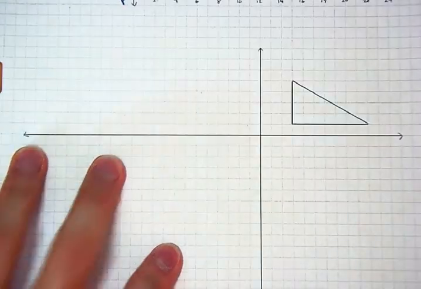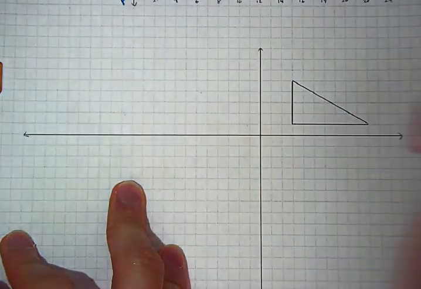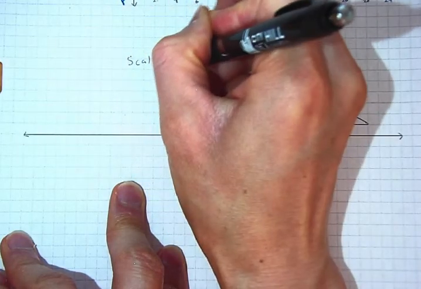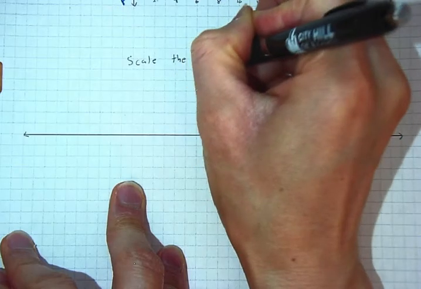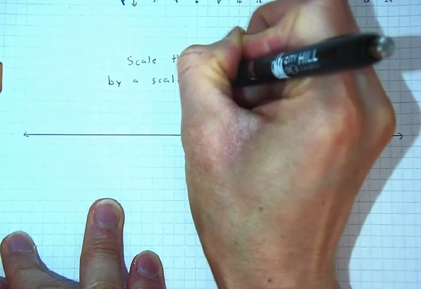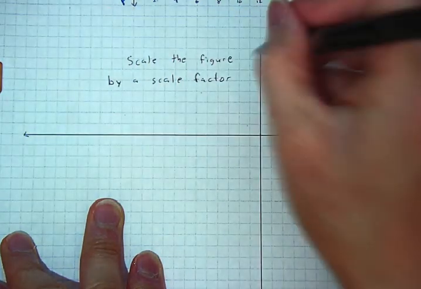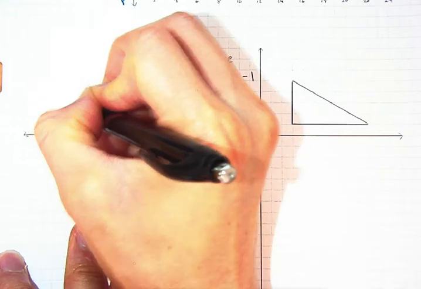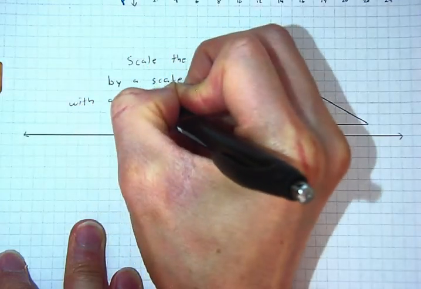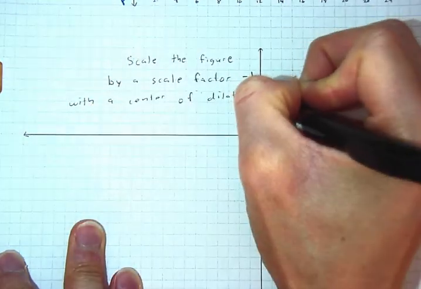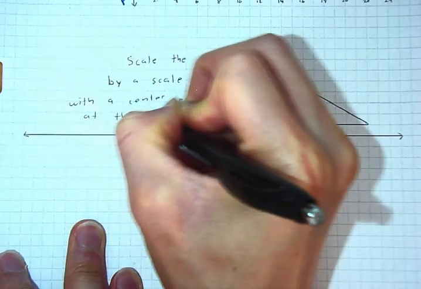So let's go to this figure right here. And let's say that I'm going to scale the figure by a scale factor of -1, with a center of dilation at the origin.